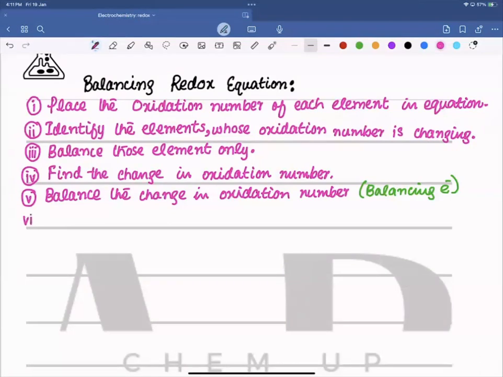After this, then balance oxygen by placing H2O.